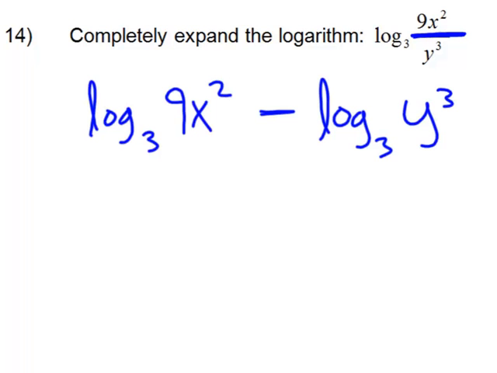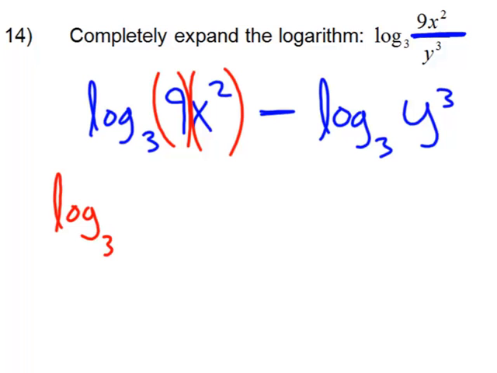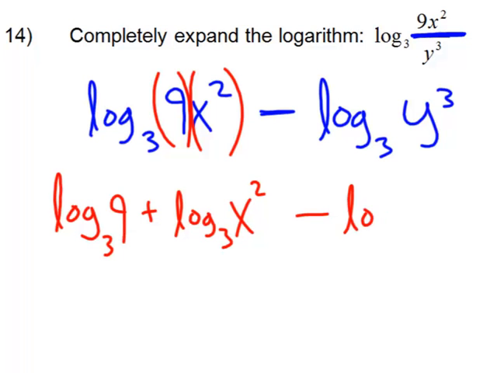All right, we've got some multiplication going on there too. So the 9x squared in this first expression involves the multiplication of 9 times x squared. So our product property says we can split that one up even further. We can make that log base 3 of 9, and since this is being multiplied, that becomes plus log base 3 of x squared. And the rest of this won't really do anything to it at this time.